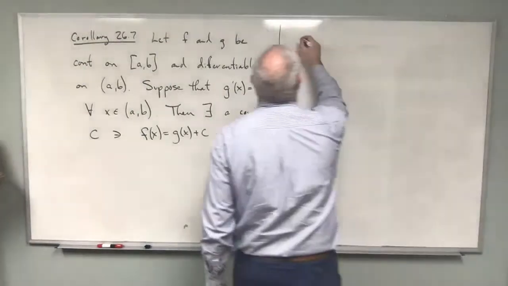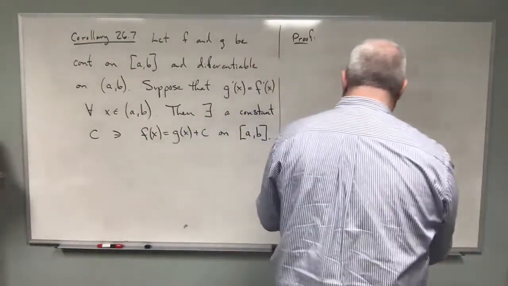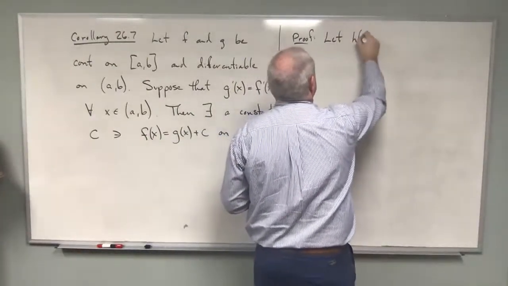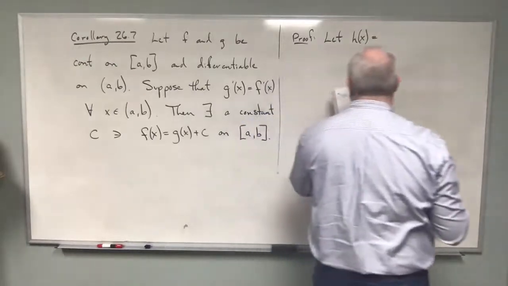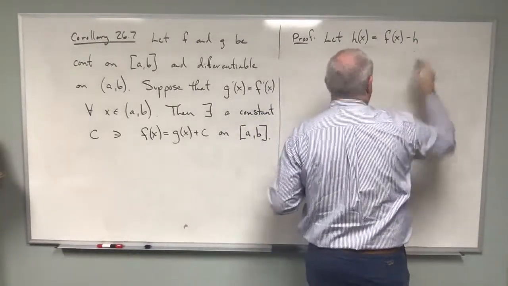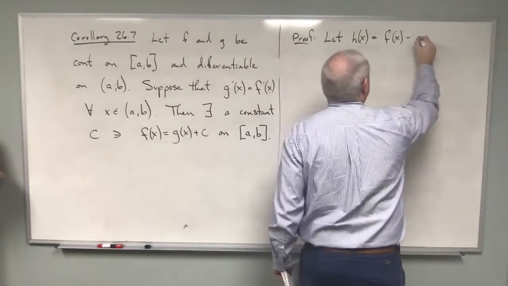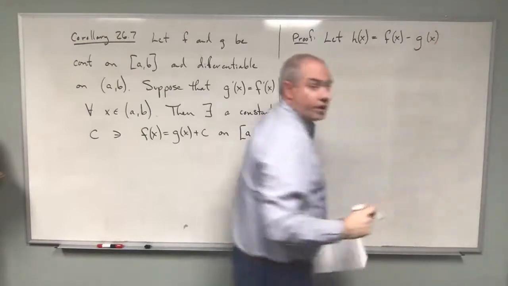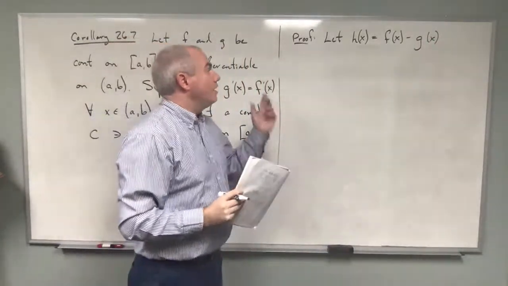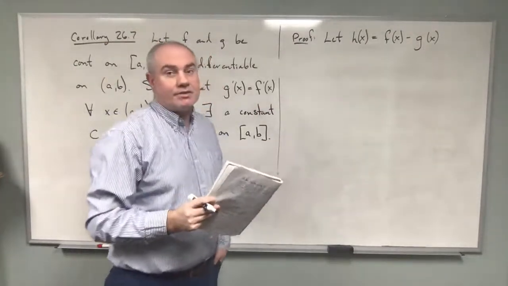So, proof. Let h of x be equal to f of x minus g of x. Now what we can do is find h prime of x.